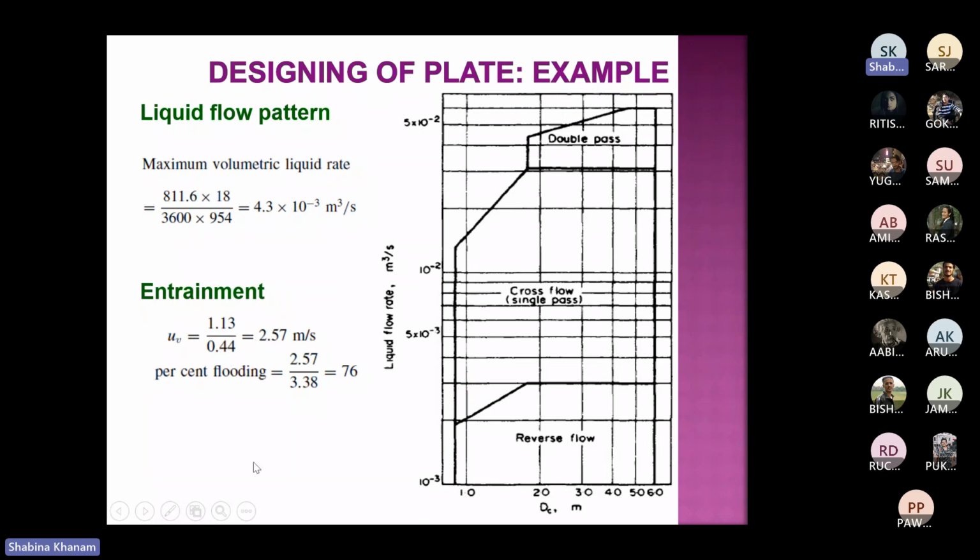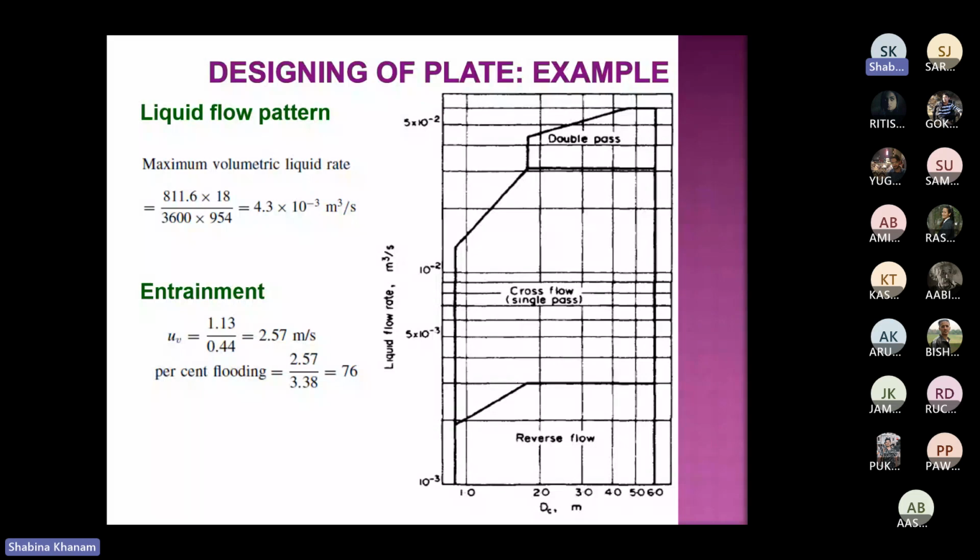How we have obtained this, that we will discuss. Percentage flooding is basically the vapor velocity at actual condition divided by the vapor velocity at flooding condition, which we have already calculated. So 76 would be the percentage flooding, instead of the 85 which we have assumed.